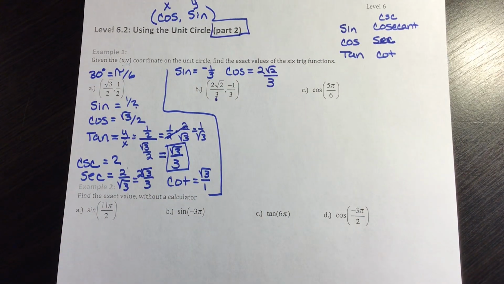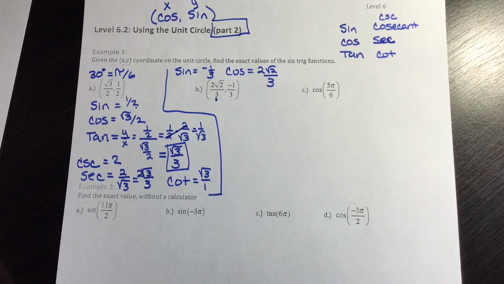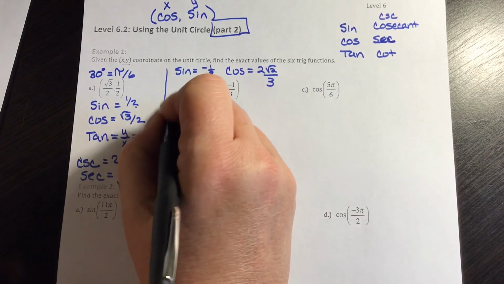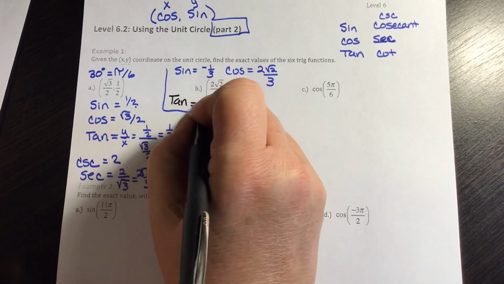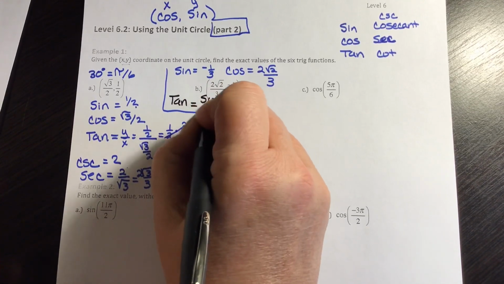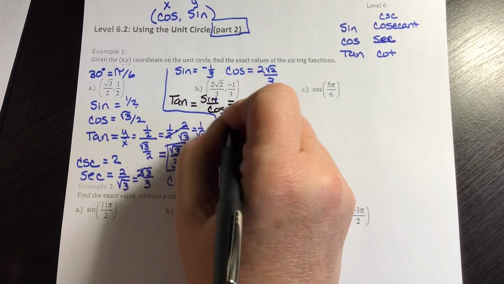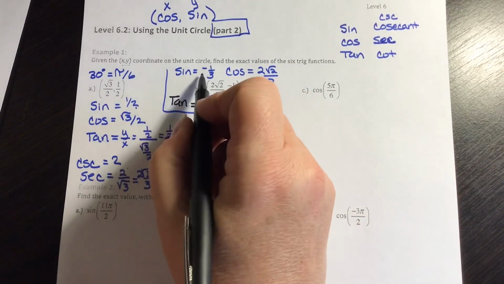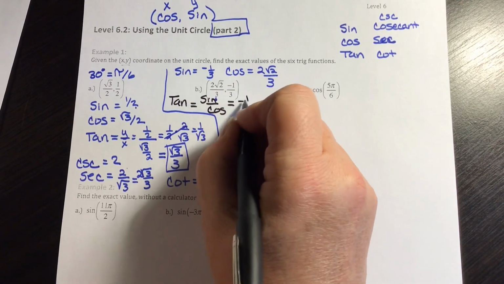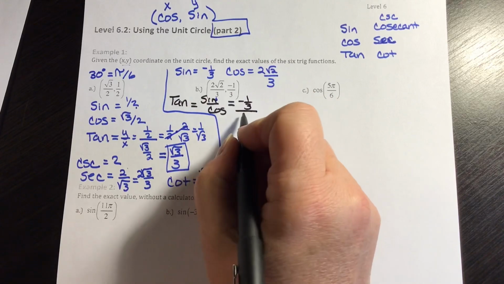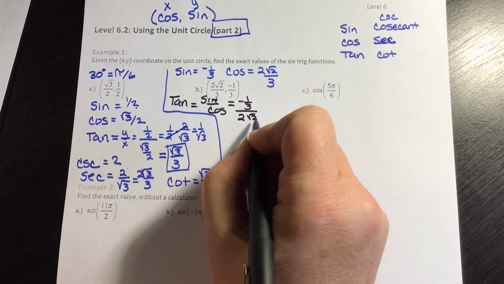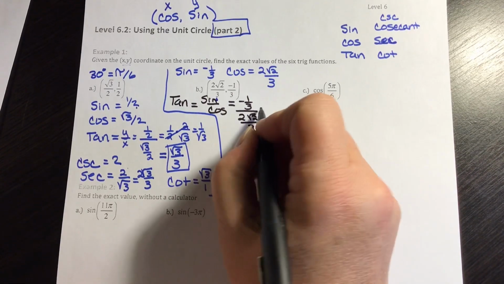Now for the other trig functions, for tangent I have to do the division. So tangent equals sine over cosine. So sine is negative 1/3 over 2 square root of 2 over 3.